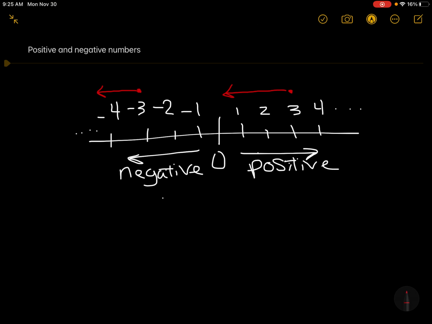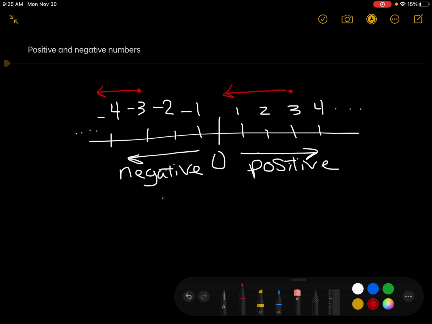You owe more money, you're farther away from the positive if you owe $4 instead of owing $3. So the larger your negative number is, the less the value is. So again, anything to the left of a number is going to be less. Anything to the right of a number is going to be greater.